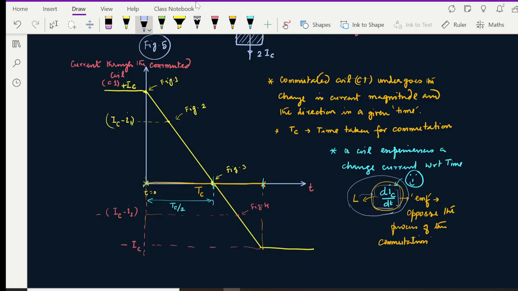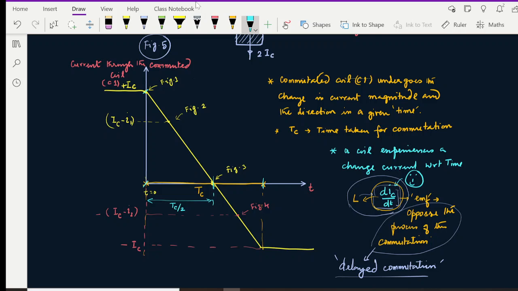That EMF, since it is opposing the process of commutation, will try to make a delayed commutation. What is delayed commutation? You started at plus IC, and we have to reach minus IC.